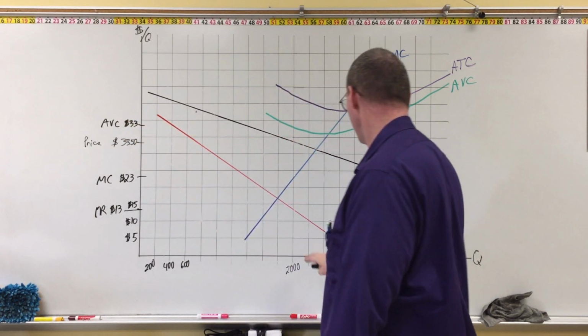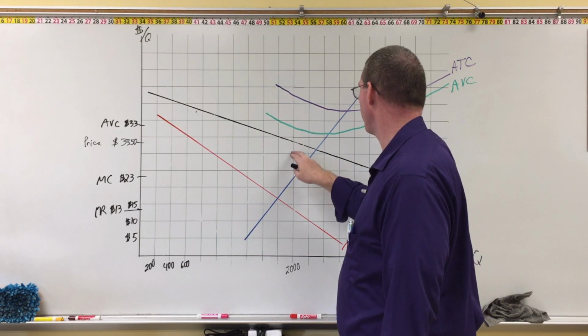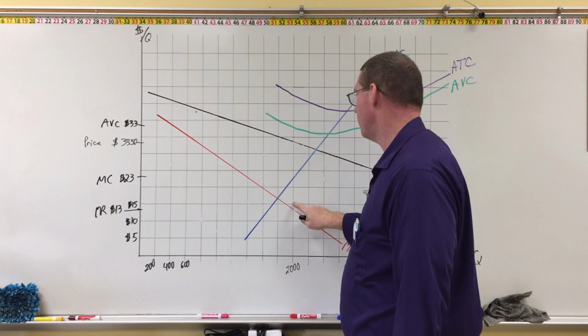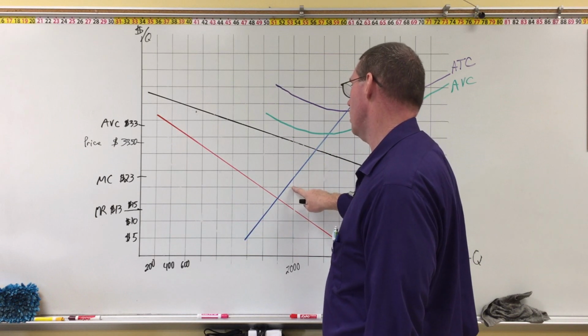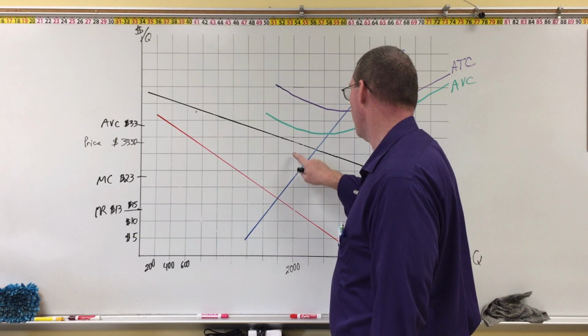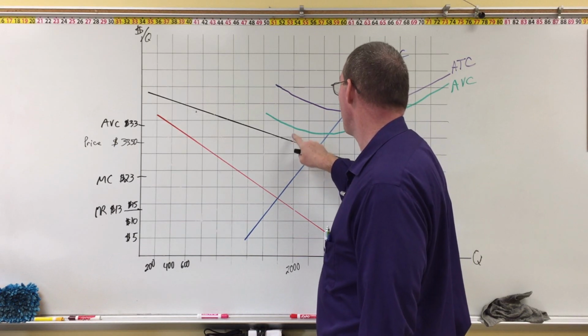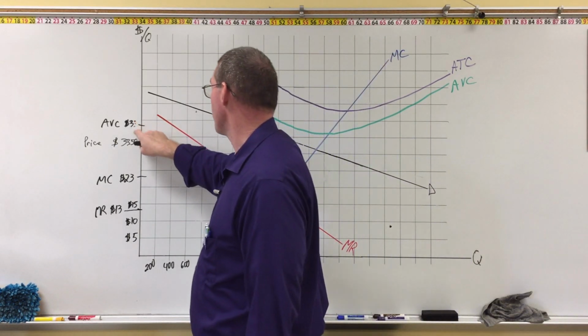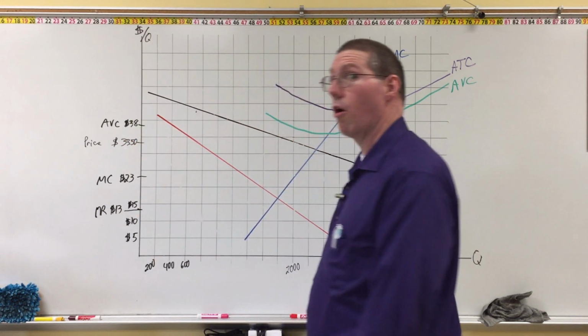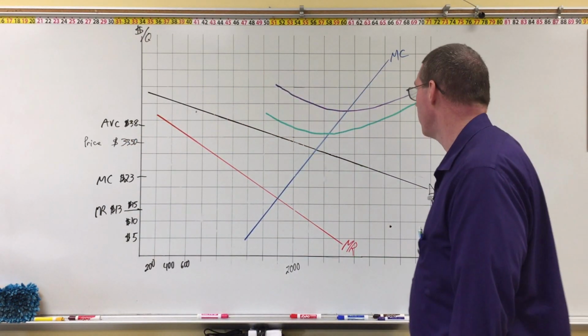No, wait, did I get that right? 5, 10, 15, 20, 25, 30, 35. Oh, I got average variable cost wrong. Sorry about that. 5, 10, 15, 20. I also got marginal cost wrong. No, that's right. 25, 30, 35, that's 38. Sorry about that, folks. Yeah, you're like, Mr. Ryan is wrong. Yep, I'm wrong a lot, okay?